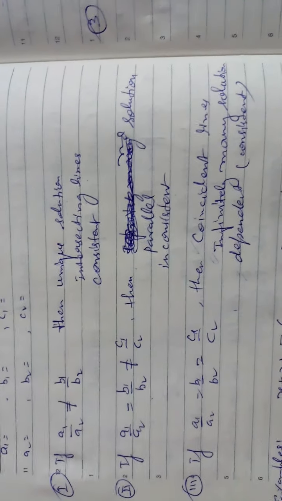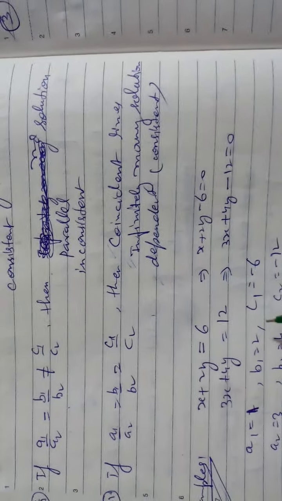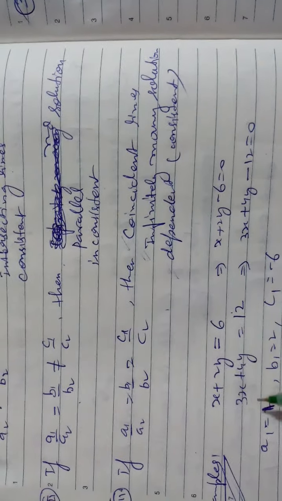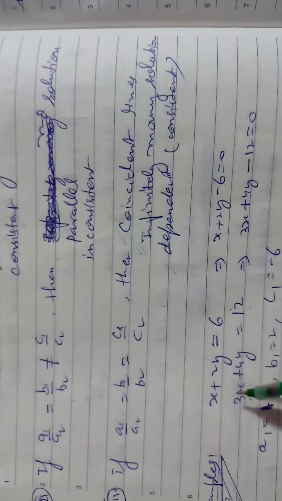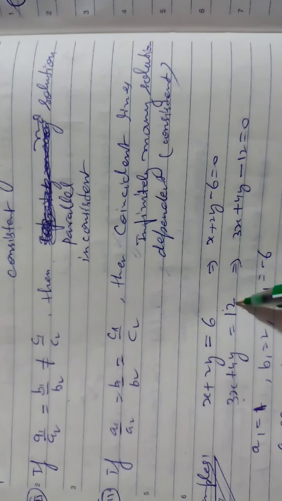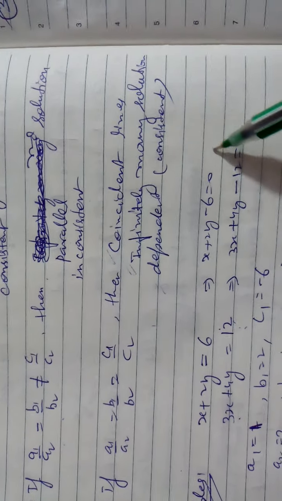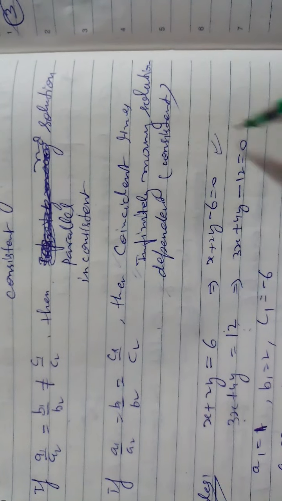For example, let's see how you check. A question is given: x plus 2y equal to 6, 3x plus 4y equal to 12. If both the c1 and c2 are on the right side, then no need to change, directly you can write 6 and 12. Otherwise you write in standard form. Standard form means all the terms will be on the left side and 0 on the right side.